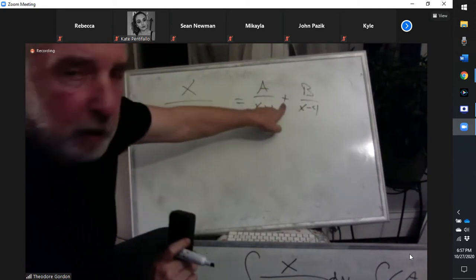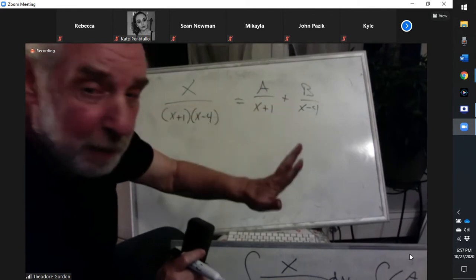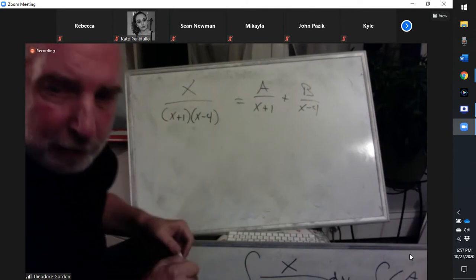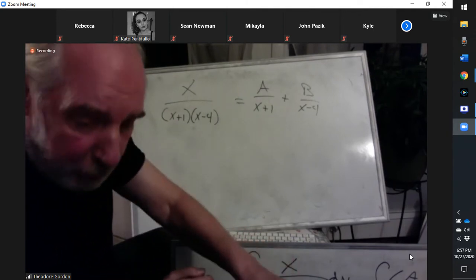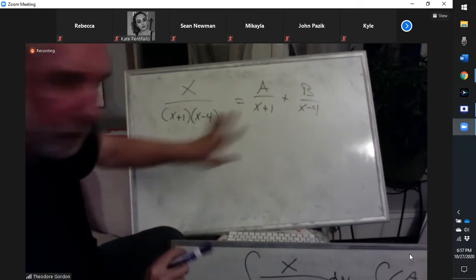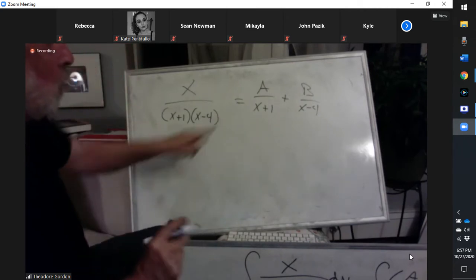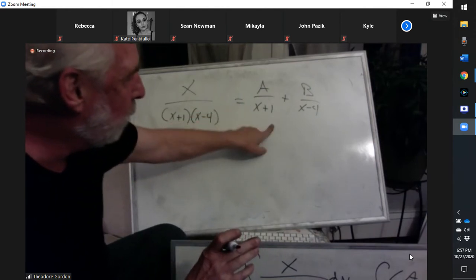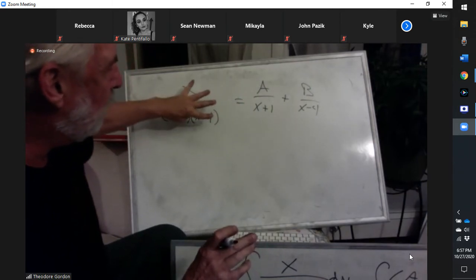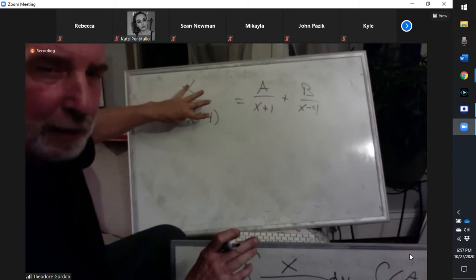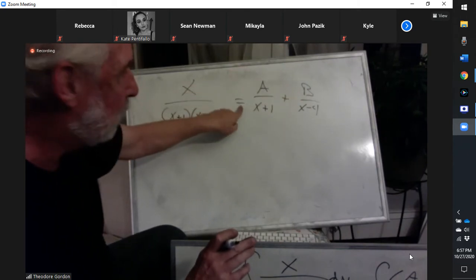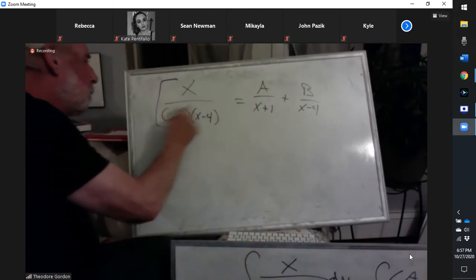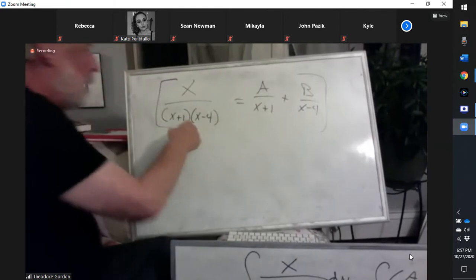And we always start out with a plus sign here. It may turn out that that's negative later, but that will take care of itself. Now, forget the fact that this is an integral, and forget the fact that we're in calculus. Just algebra here. We've established an algebraic relationship from the left side to the right side. So whatever I do to this side, if I do it exactly the same to this side, it stays equal. So what I'm going to do is multiply everything by the LCD.